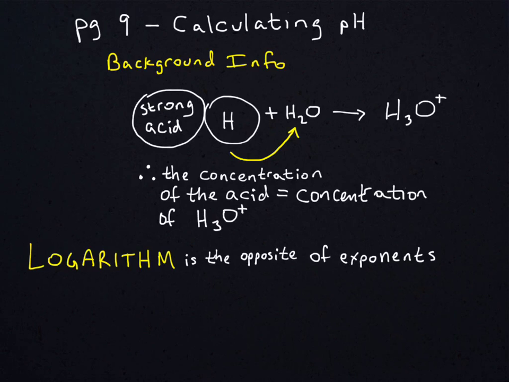With pH and with other parts of science, we deal with very large numbers, and back before calculators existed, those large numbers were really difficult to deal with, and so logarithms were invented as a way to calculate very large numbers and do math with very large numbers or very small numbers. So I'm going to write that down. I'm going to put a little bracket underneath the word logarithm and put an arrow.